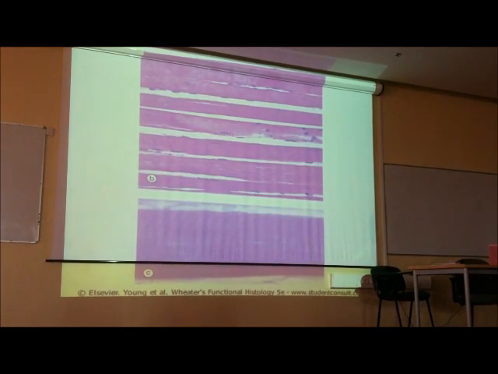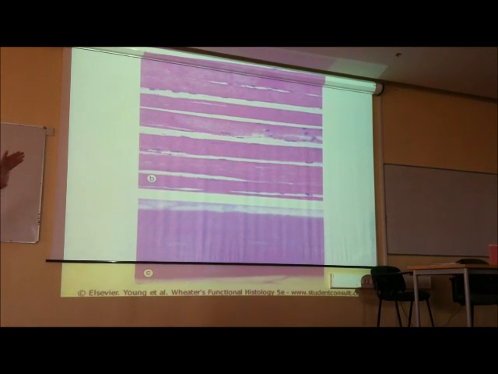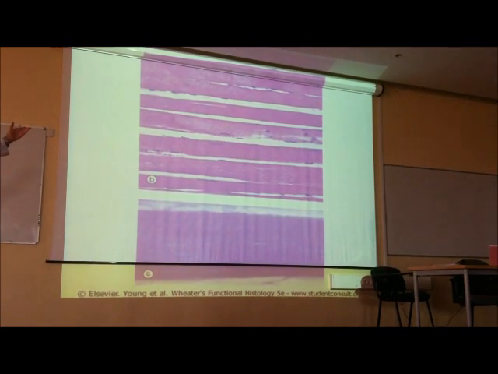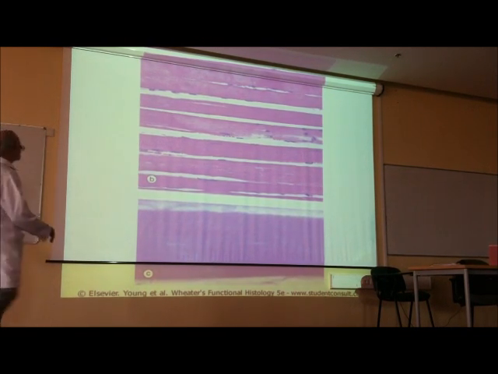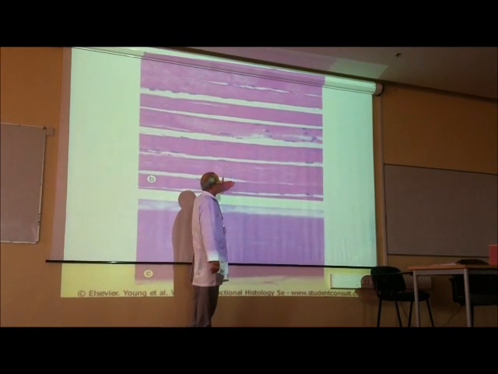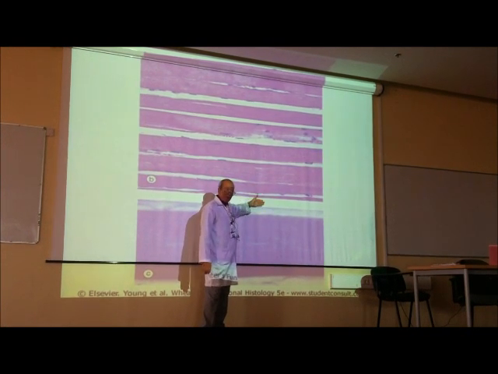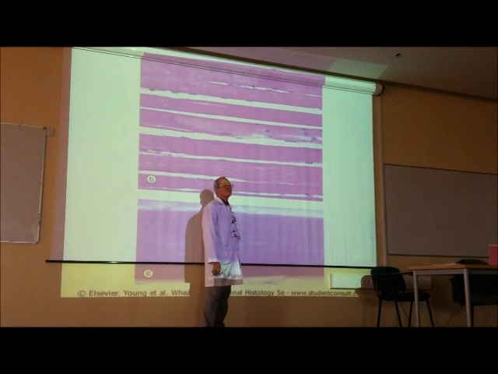What is the type of this tissue? Skeletal muscle. Why? Cylindrical. Non-branched. Nuclei are multiple and peripheral. The fibers are of different sizes. These are white muscle fibers and these are smaller, whatever they are, intermediate or red muscle fibers.